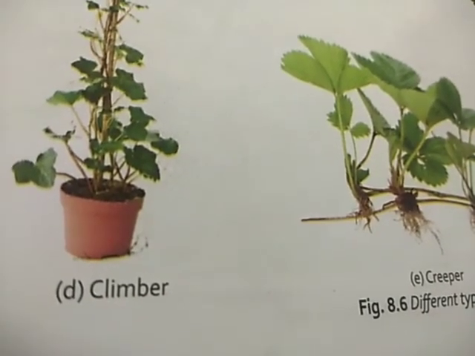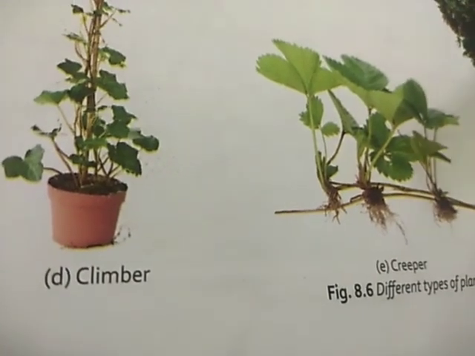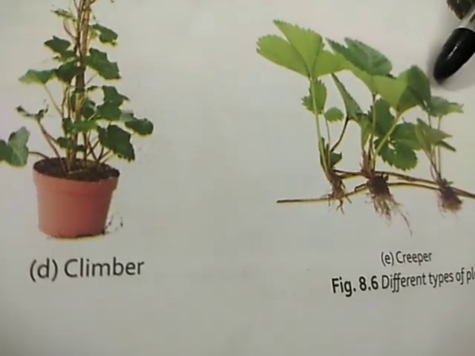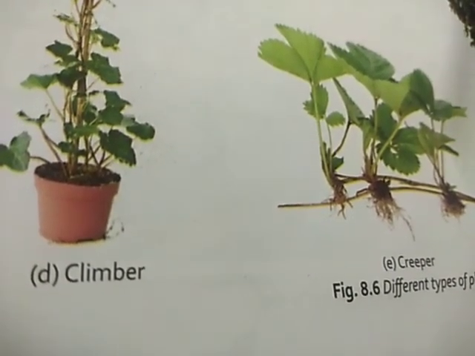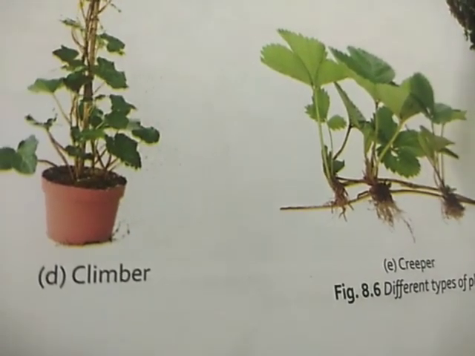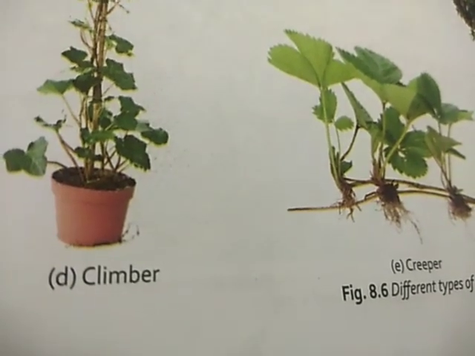Creepers such as strawberry and squash grow along the ground. Are these two different types of plants? No. These are two different types, climbers and creepers, that we are talking about. There are different types of plants based on the stem. Clear?